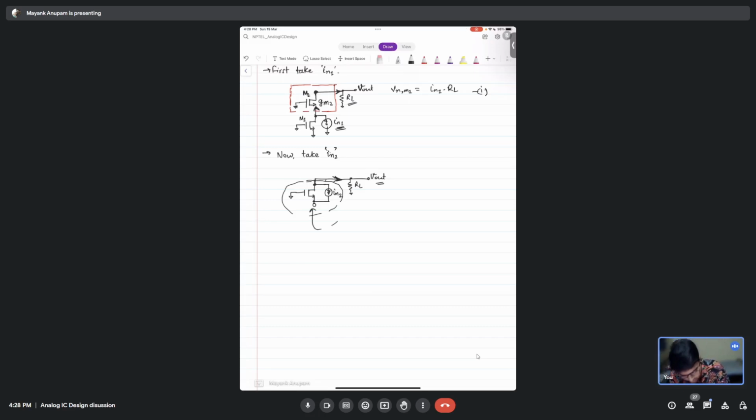But that coming back is not possible here, because this node is hanging. So that is why in this case the current IN2 is not going to flow out. So voltage V out due to IN2 is actually equal to 0. So Vn due to M2 is actually equal to 0.